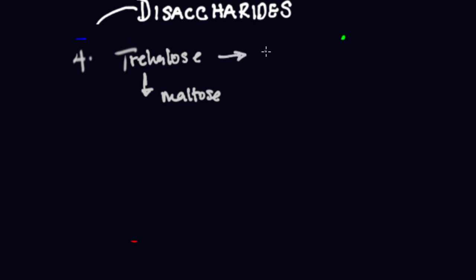Trehalose contains two glucose molecules that are condensed together, but the orientation of the bond is different. Once we get to the structural aspect of trehalose, I'm going to show you the orientation of the bond and more about it. But just listen very well: trehalose is found in the structure of some insects.